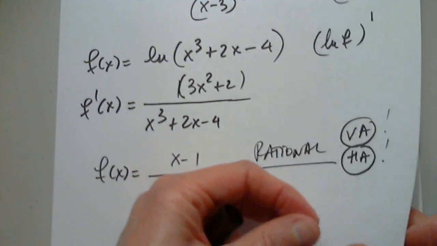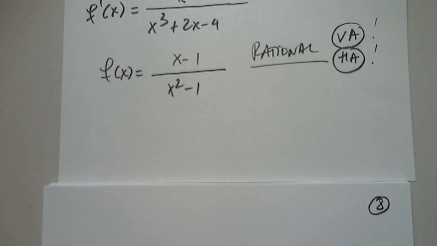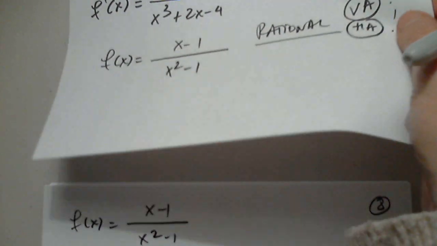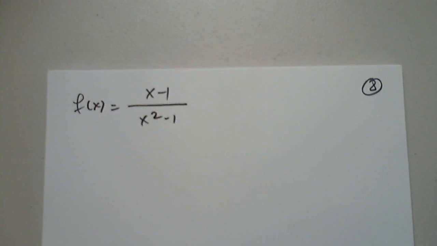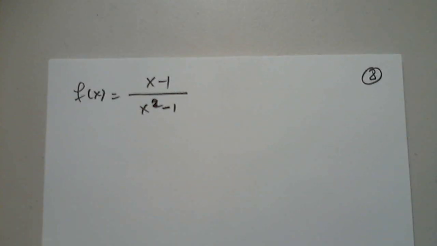What would be the first step here? What do you recommend we should do? Because we have to start with the domain. Any suggestions? How would you start? It's okay if you're wrong.